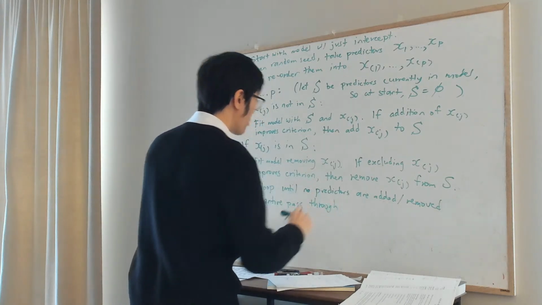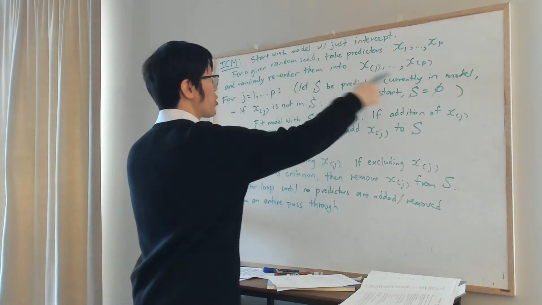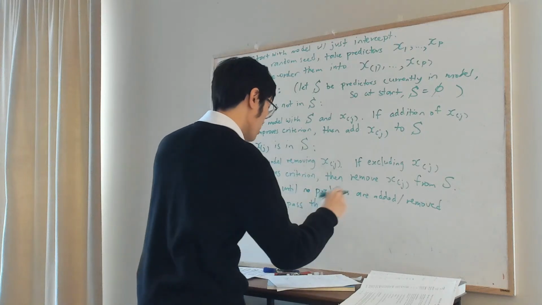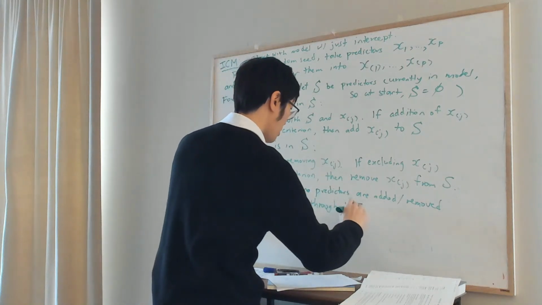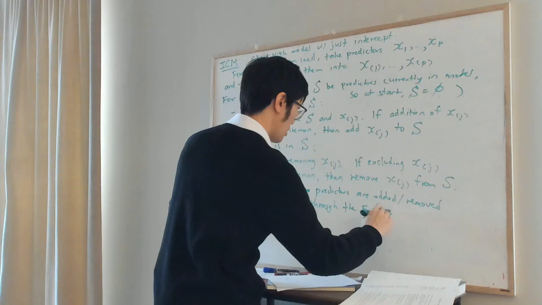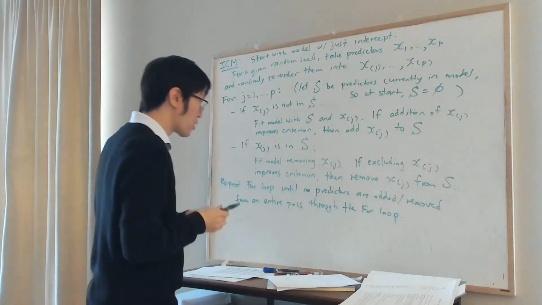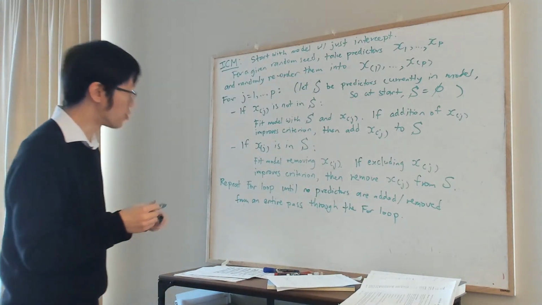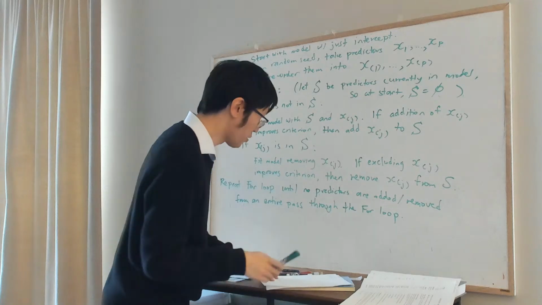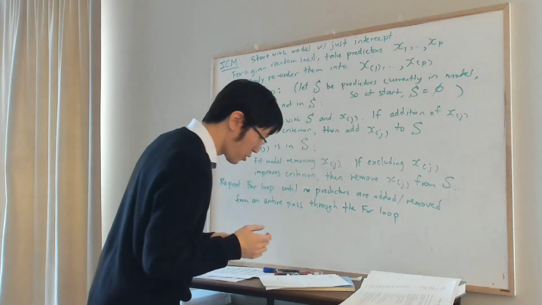So that means we have converged given that particular ordering of variables. Okay, so that's an example of a simple stochastic way of searching for the best model.